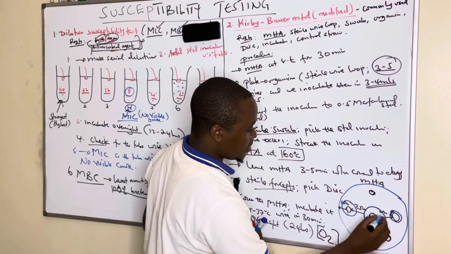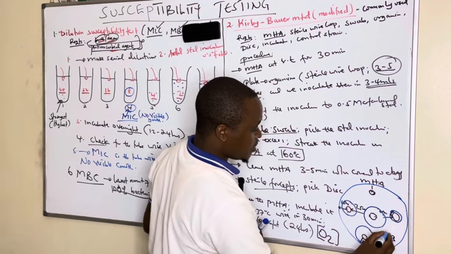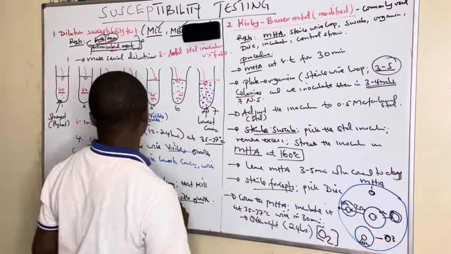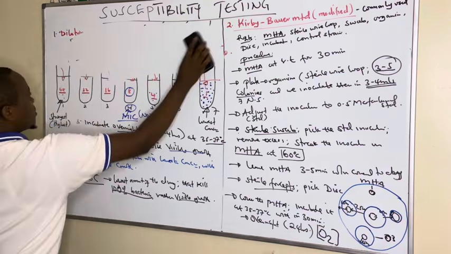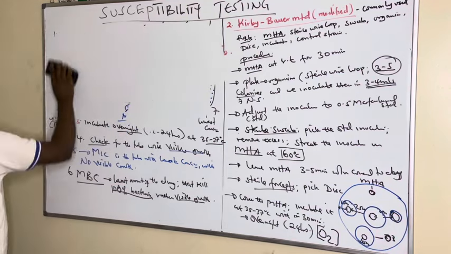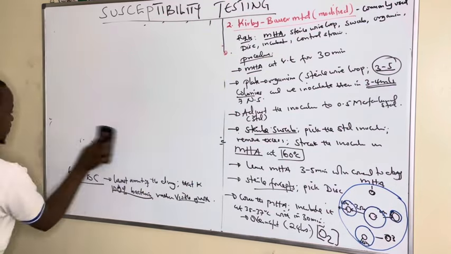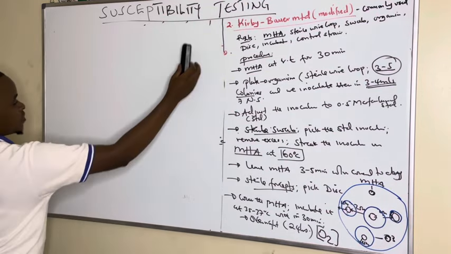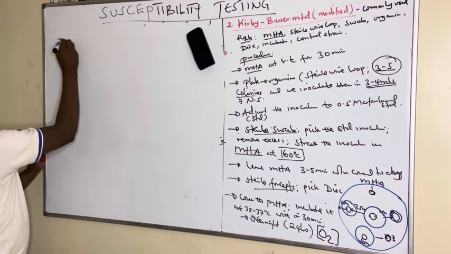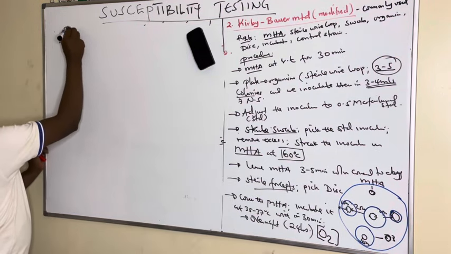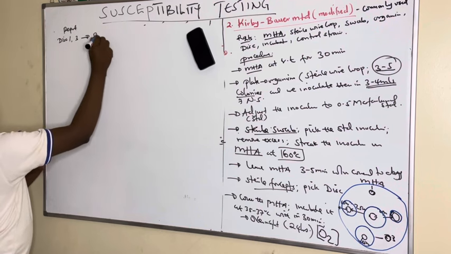So we shall say, if this was disc number 1 and number 3, among the reports, on the reporting, we shall say discs 1 and 3, they are resistant.